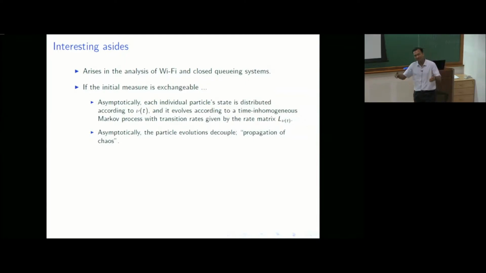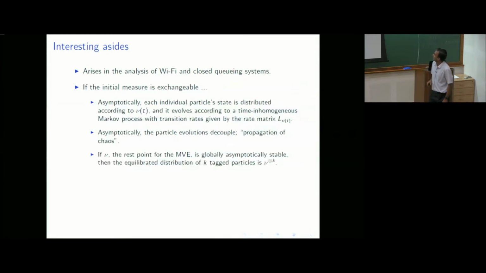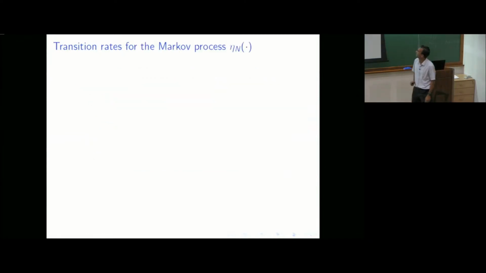It is to make these assumptions rigorous that we were looking at this particular model. If nu is the rest point of the McKean-Vlasov equation, and that's globally asymptotically stable, then the equilibrated distribution of k tagged particles is a product measure according to nu. So these are interesting asides that one can come up with.